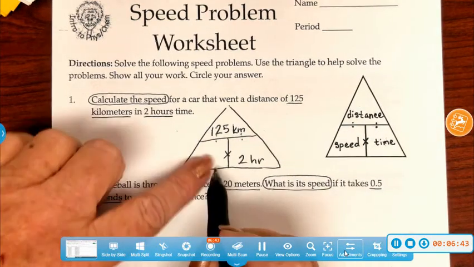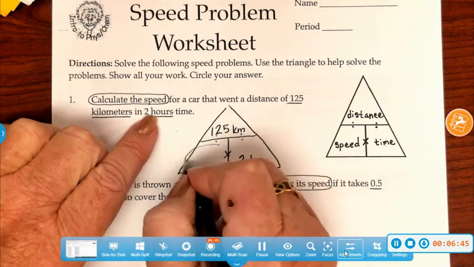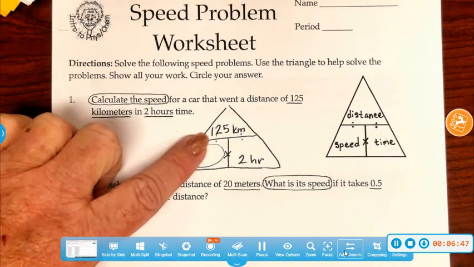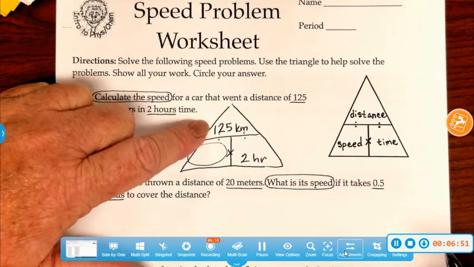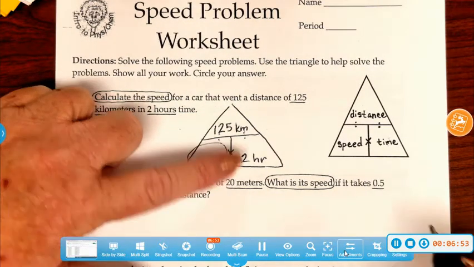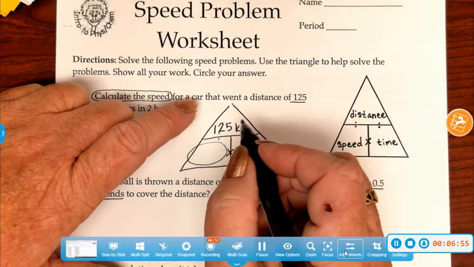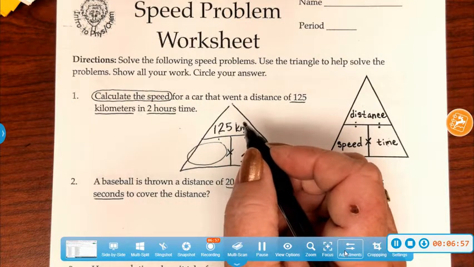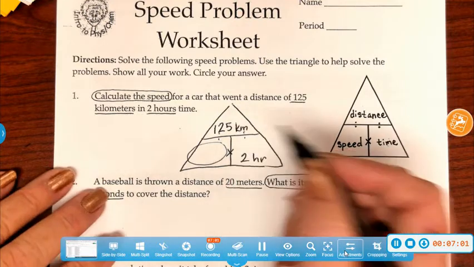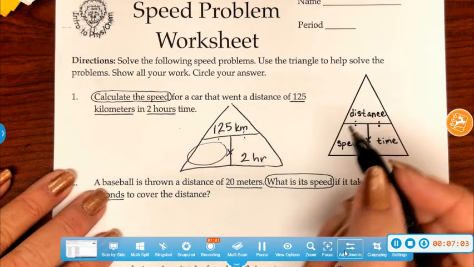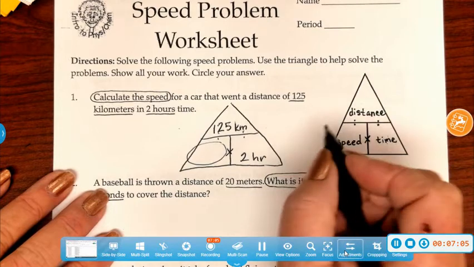How do I get this answer right here? Divide 125 by 2. Right. You always want to punch in the top number first. 125 divided by 2, which is 62 point something. You guys can round off wherever you want. For me, I don't care very much right now.